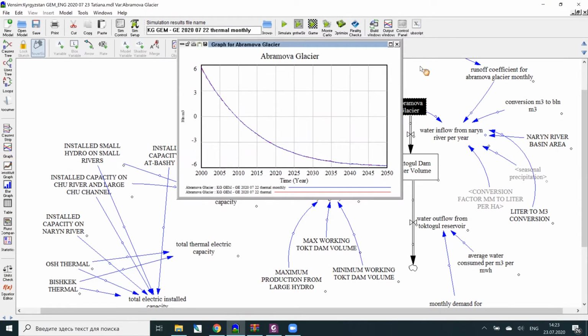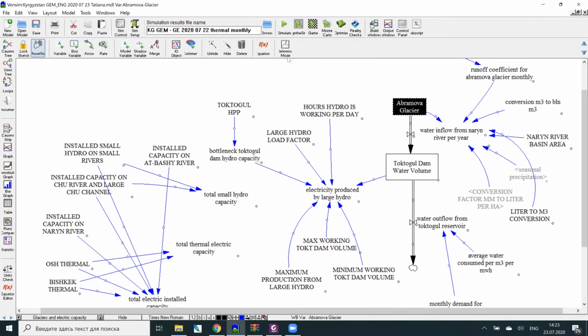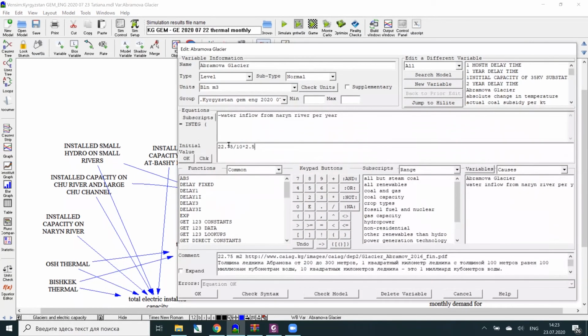Yes. But this is what I estimate it to be. It's 22 square kilometers, and I multiplied it by 10 to have billion cubic meters, and by 2.5 because it is about 250 meters deep. Okay. But what we're looking at here is the fact that it can only decline, so it only flows out.